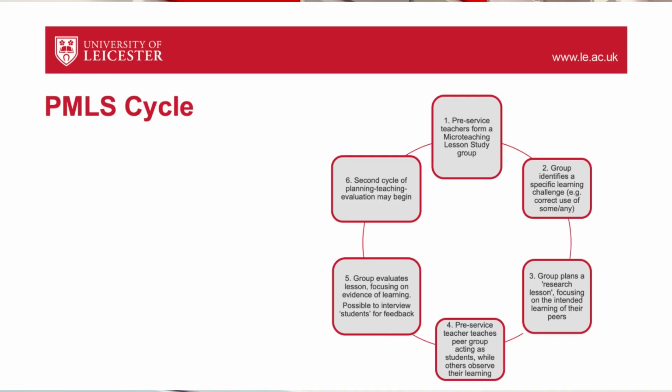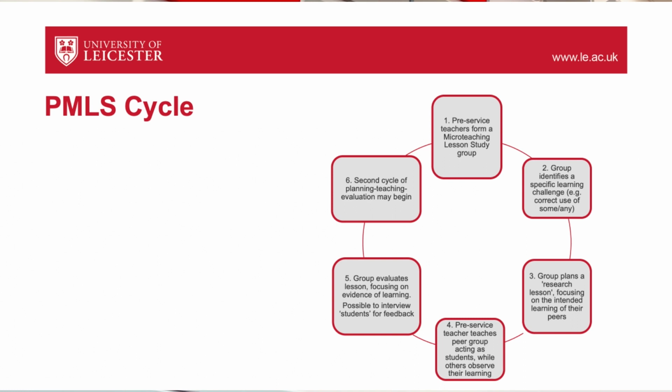Here is an example of how a peer micro lesson study cycle might work. It's very similar to the one that I introduced earlier, but in this case the pre-service teachers work together, they form a group, they again discuss the learning challenge as part of the cycle, then they plan a lesson jointly together.